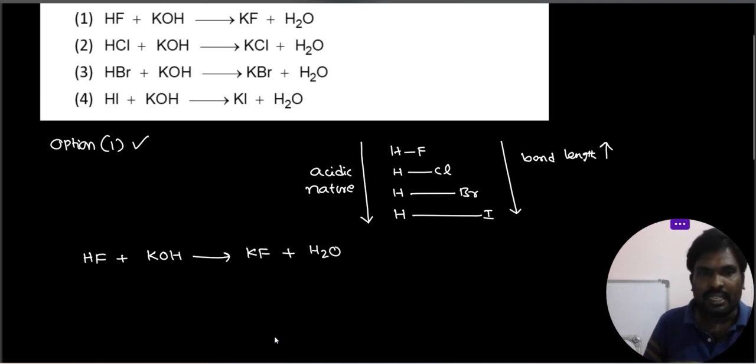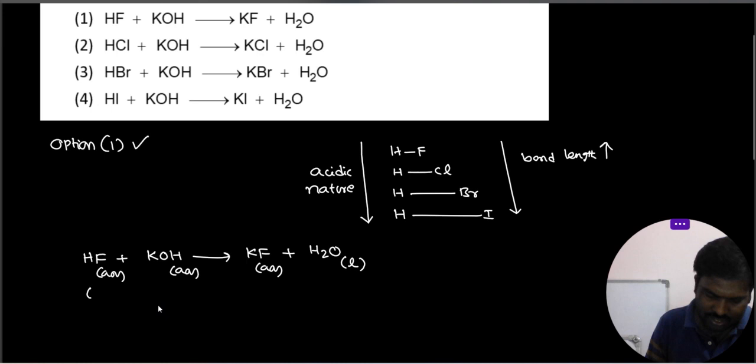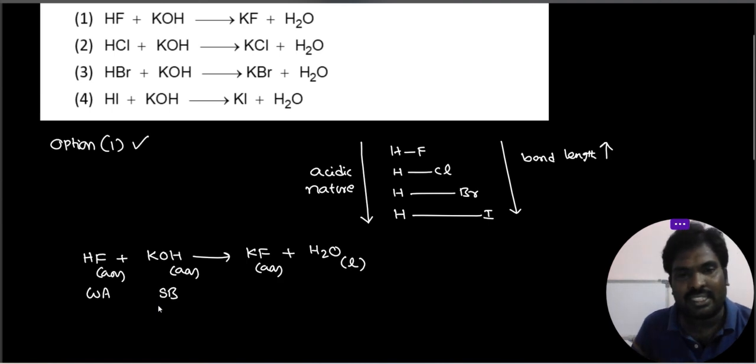Here KF is aqueous, and water is liquid. In this reaction, HF is no doubt a weak acid and KOH is a strong base. That's why the resulting neutralization energy is only decreased, less energy.